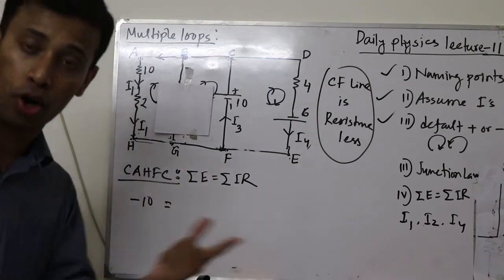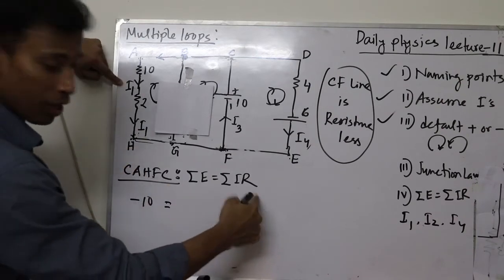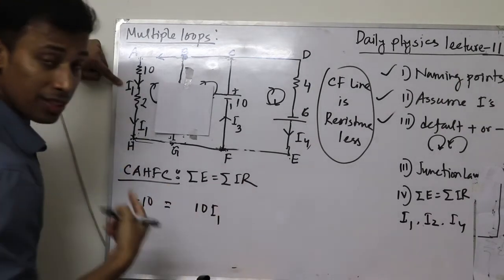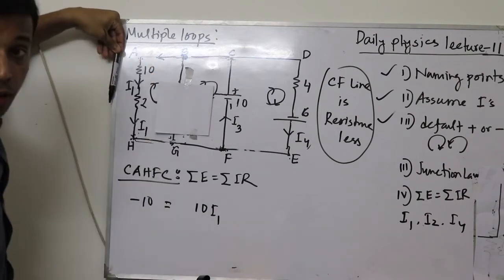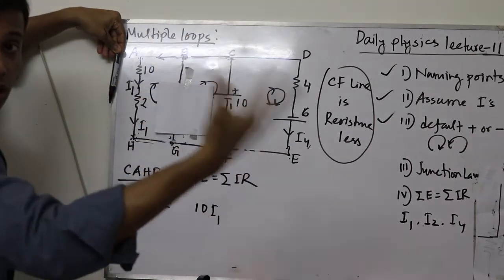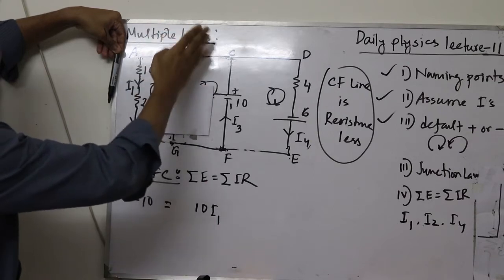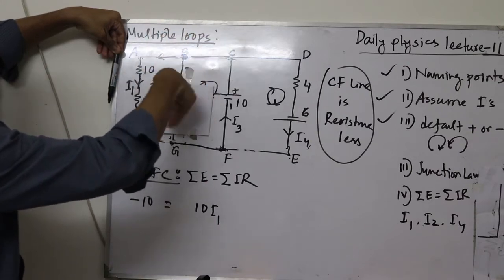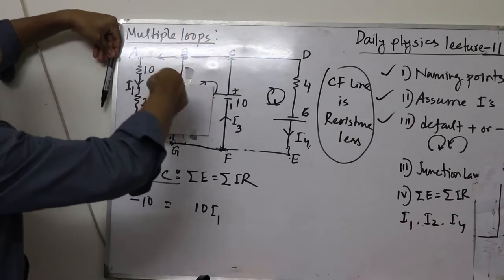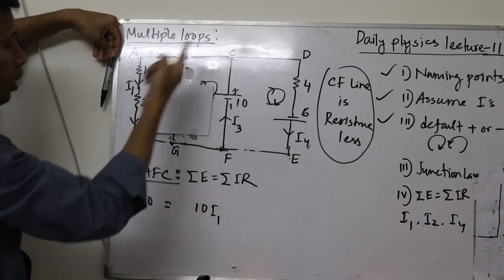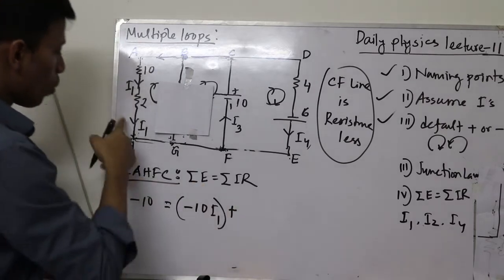For the 10, it is 10 I1. Let's find out whether it is a positive or negative current. I1 is moving downward through 10. Going for the clockwise positive direction, look at my clockwise hand, the current flow direction is not along the direction of my clockwise hand. So the I1 through 10 is a negative current. What about this 2?